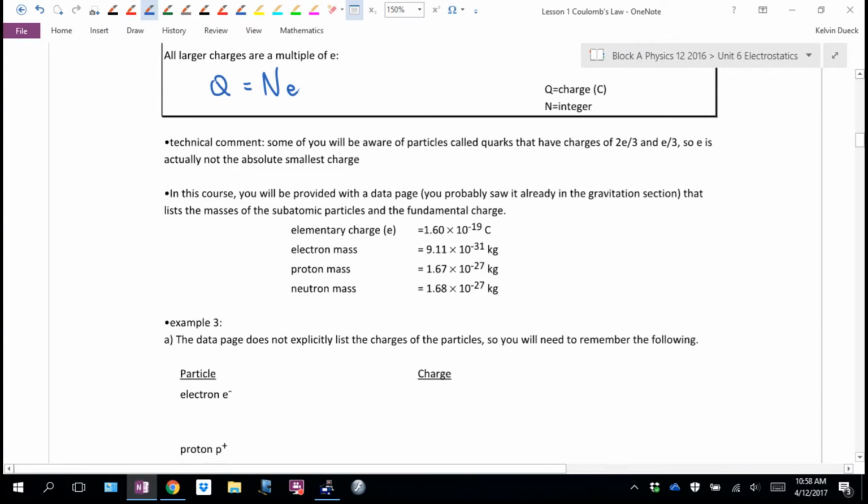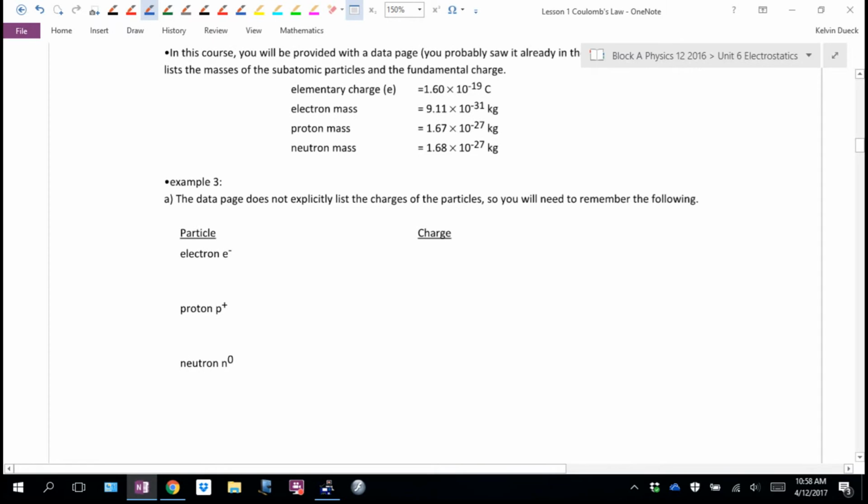In this course, you're going to get a data page. You've seen it already. And it's going to list the masses of the subatomic particles, electron mass, proton mass, and neutron mass. Why do you need the mass? Because if we're doing a force, F equals ma. And it'll give you the fundamental charge. The data page does not explicitly list the charges, so you'll need to remember the following.